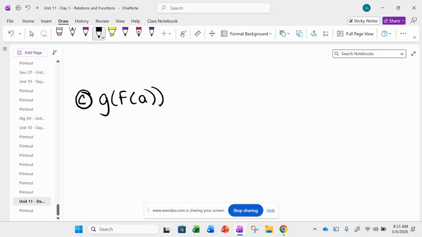So we're using the same f of x, g of x. So f of x is 2x minus 3. G of x is x squared minus 2.